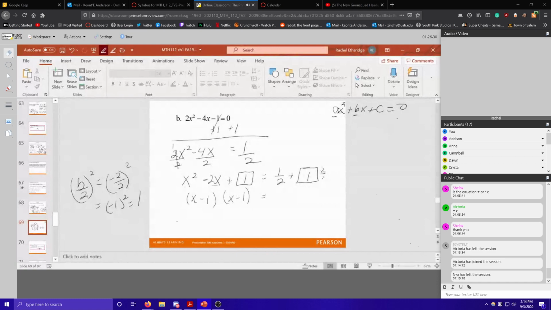Common denominator, this is 3 over 2. And do that on your calculator. So x minus 1 squared equals 3 over 2. You're going to square root both sides.